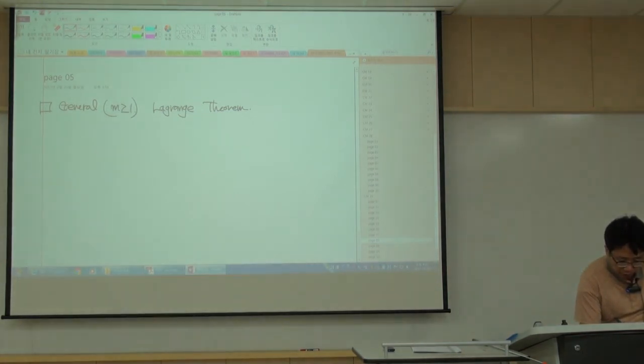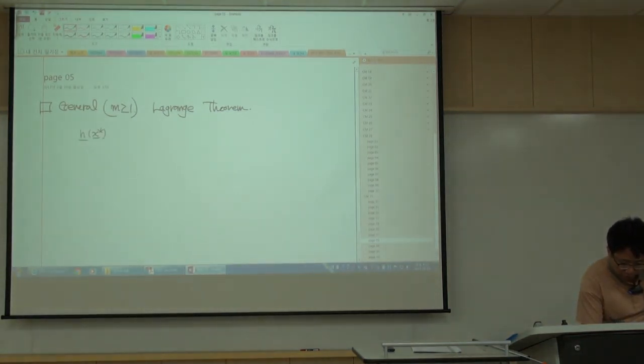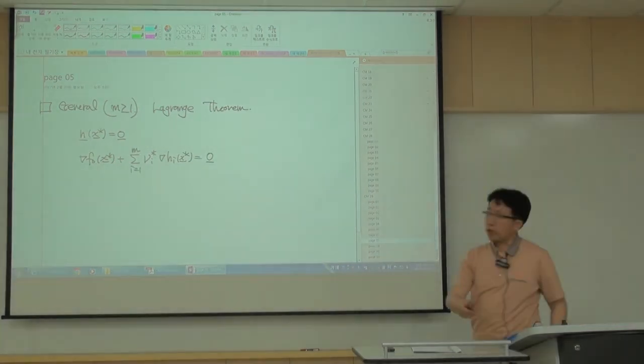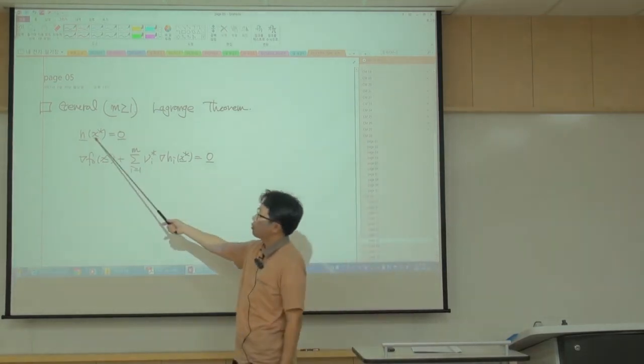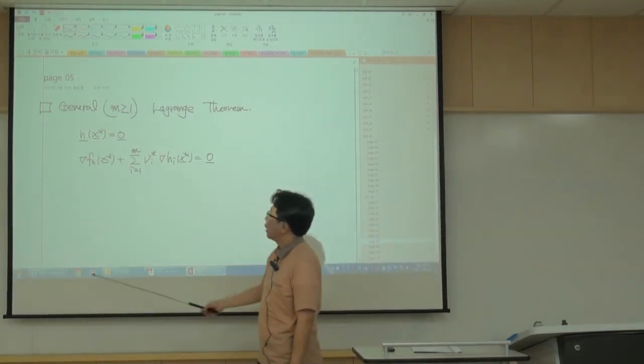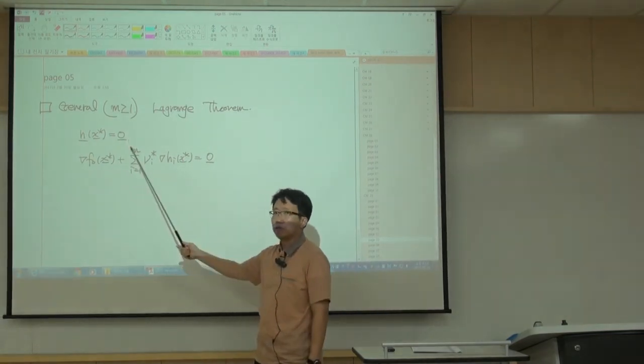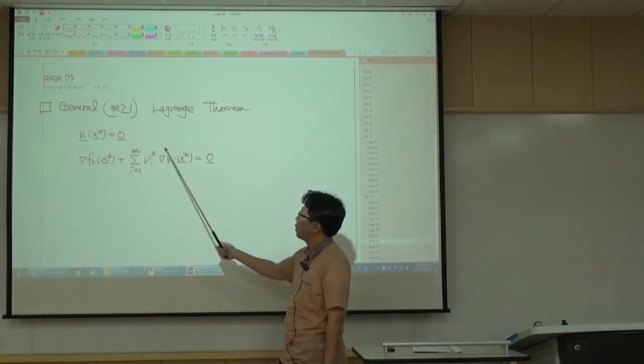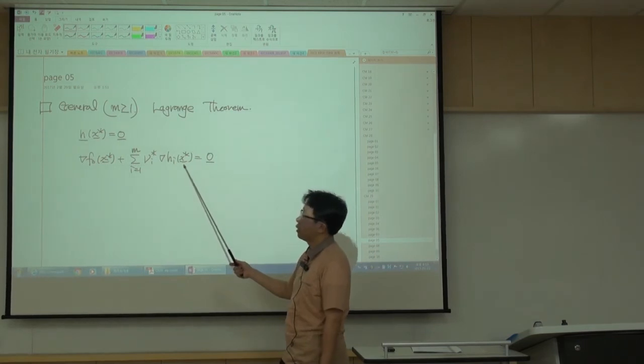The claim is this. As you've seen already, x star is feasible, and the gradient of the objective function is a linear combination of the gradients of the equality constraint functions at x star.